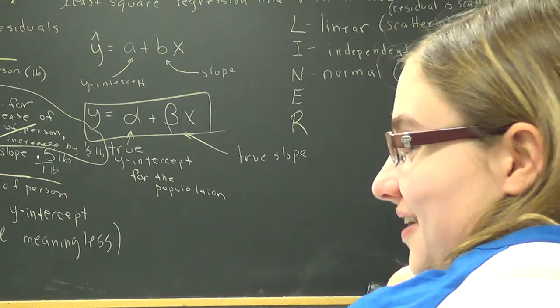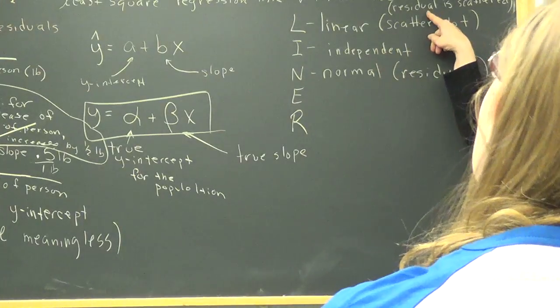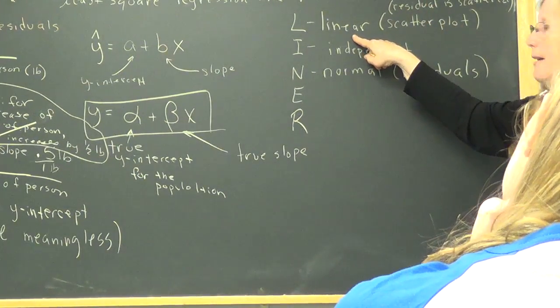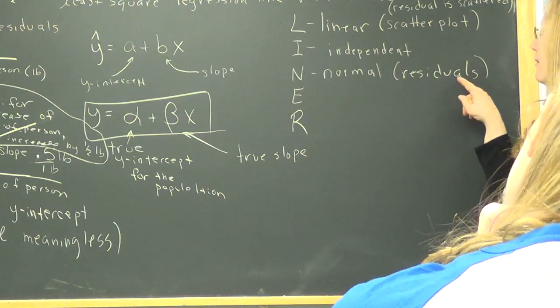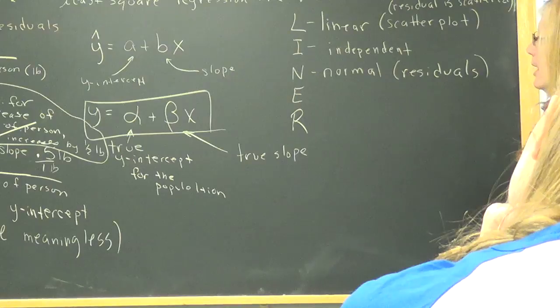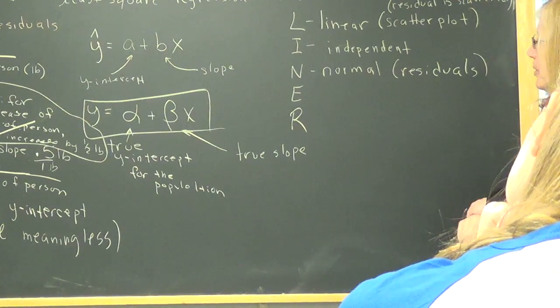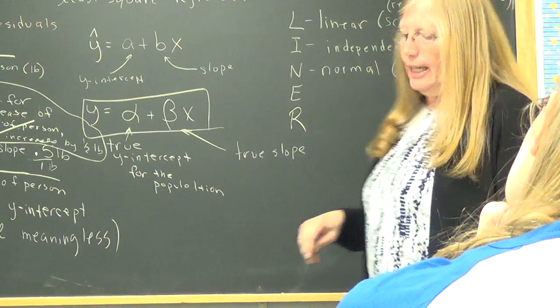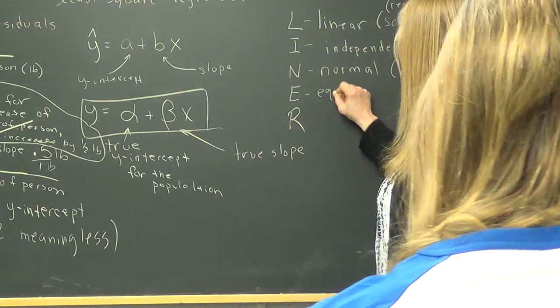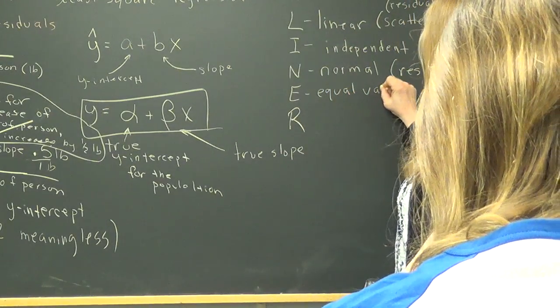All right. So checking for L, you can look at the residual plot. If it's scattered, that means you have a straight line. And here, for normal, we're looking for residuals to have a normal shape. All right, so now E is equal variance. That's a new one. There's so many conditions.